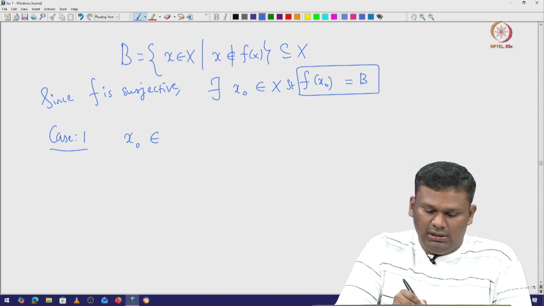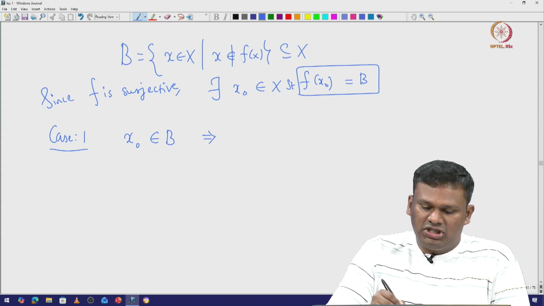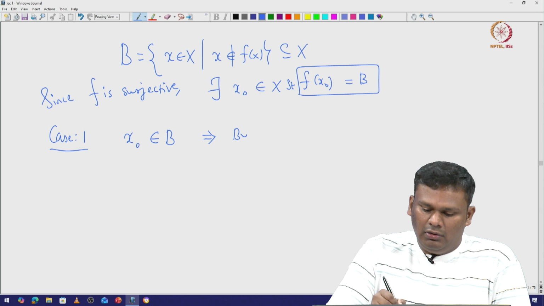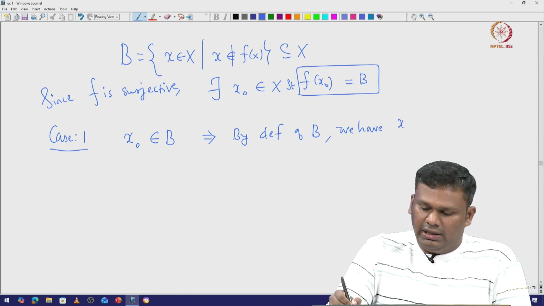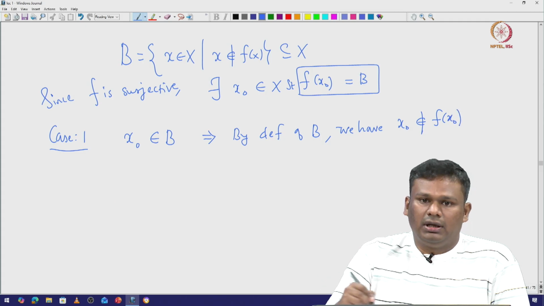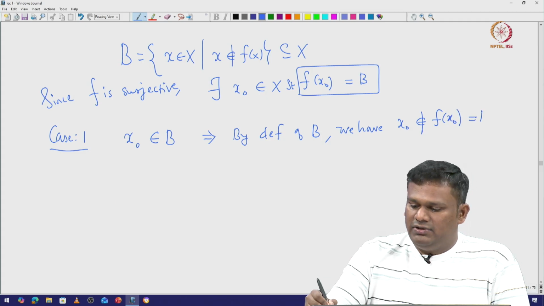If x naught is not in B, then by the definition of B we have x naught not in f of x naught. But what is f of x naught? It is B. So, a contradiction.